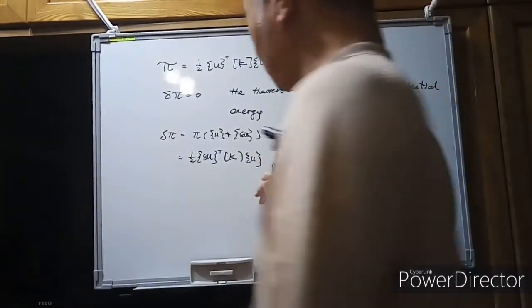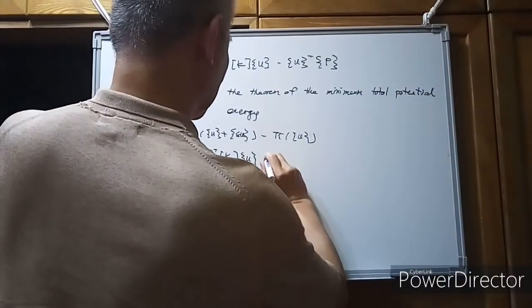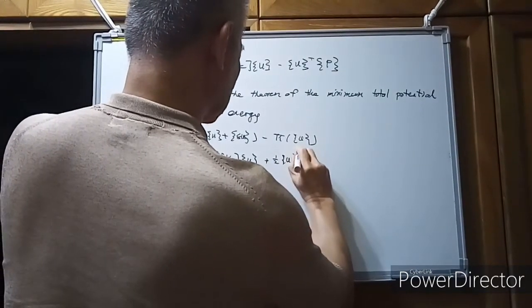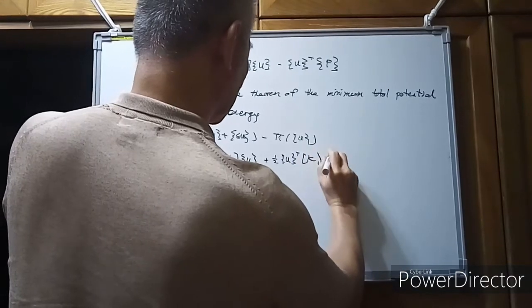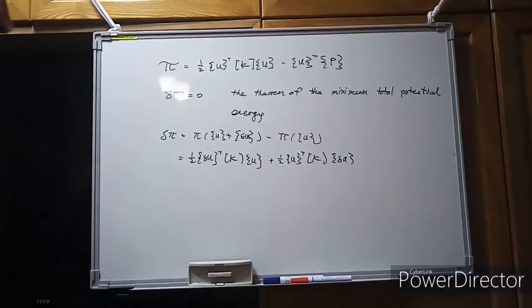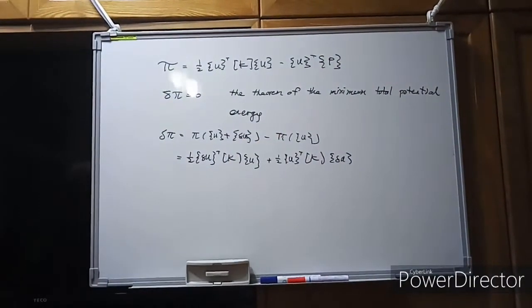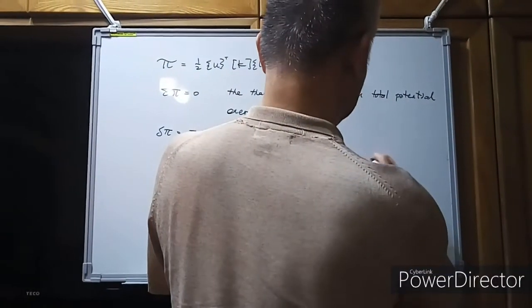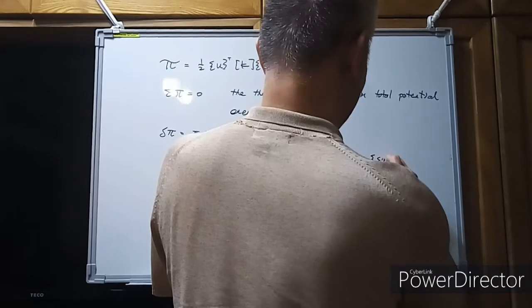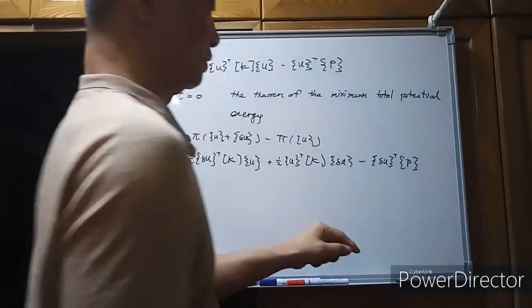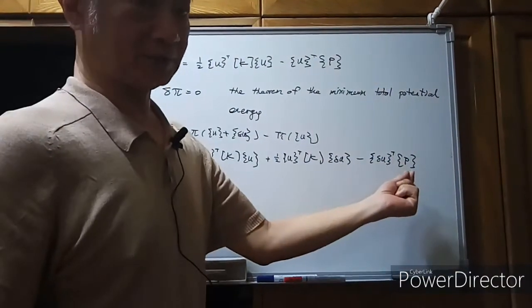Then we need to plus 1/2 u transpose k delta u. So that's where we keep the first two unchanged and take the variation of the third. And the second term, the load vector cannot be changed.